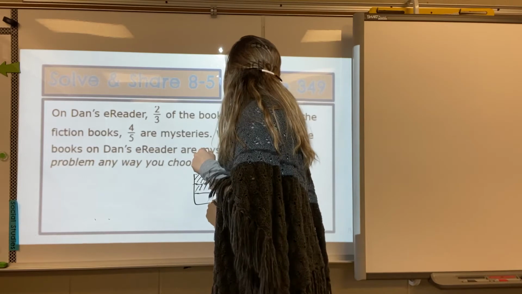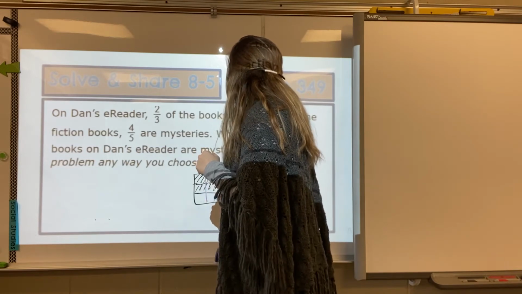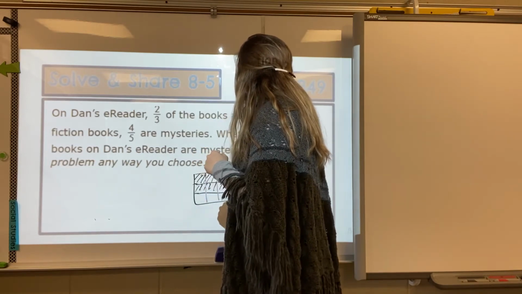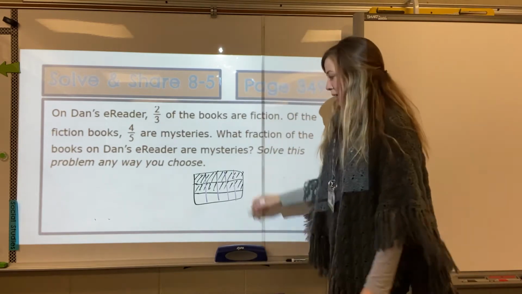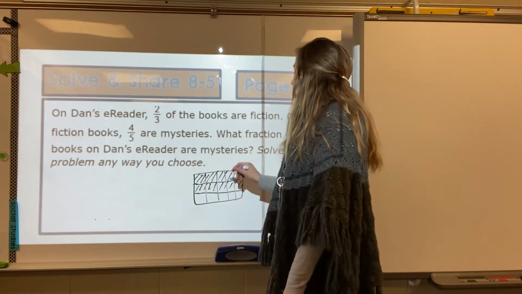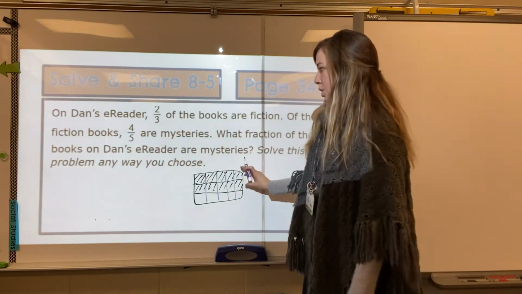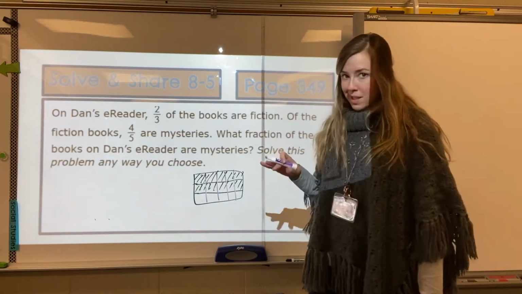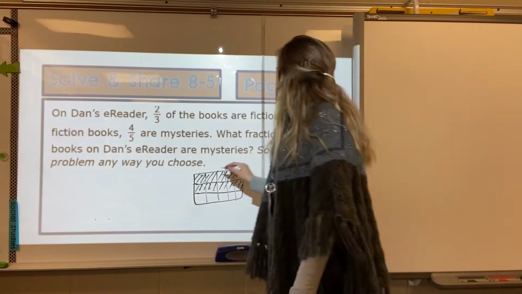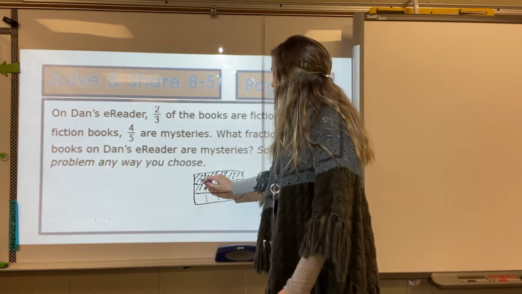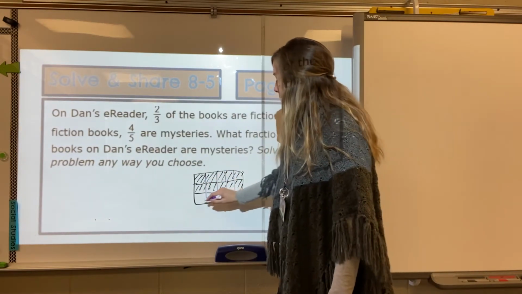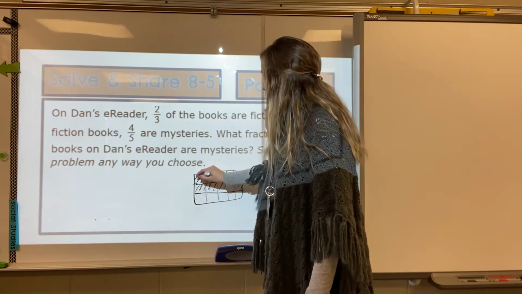I'm going to do my best to make it look okay. I always run out of room by the end of it. Okay. So then 4/5 of the 2/3 are mystery books. I guess he really likes mysteries. So then I need to shade 1, 2, 3, 4 out of the 5 here. So I'm going to go the other way.